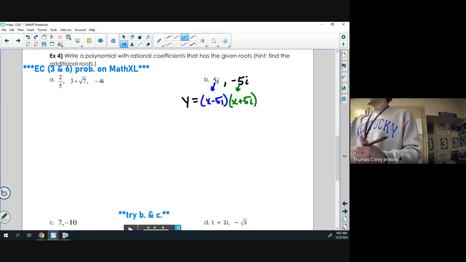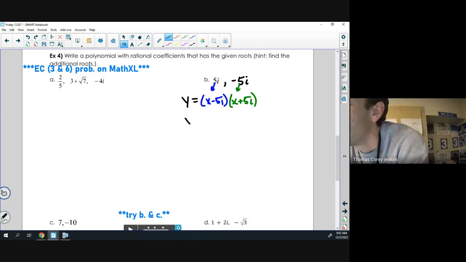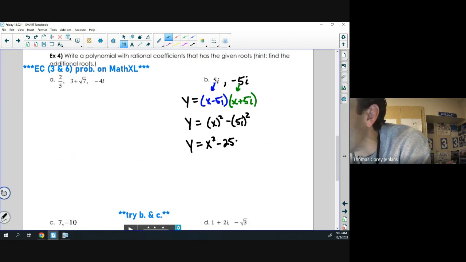There is a shortcut anytime you do these conjugates, right? A squared minus b squared. That's how I'm going to show it. If you don't like that shortcut, just multiply it out, right? Distribute the x, distribute the minus 5i. So I would say you show it your way. I'm going to show the shortcut, which would be the first term squared minus the last term squared. So x squared minus 25i squared.